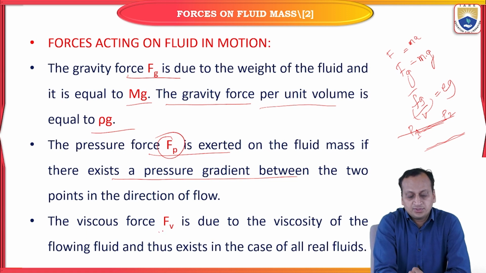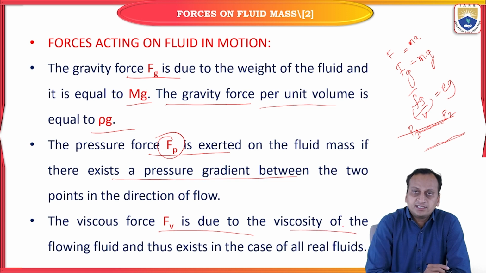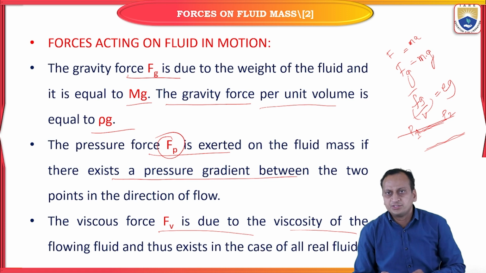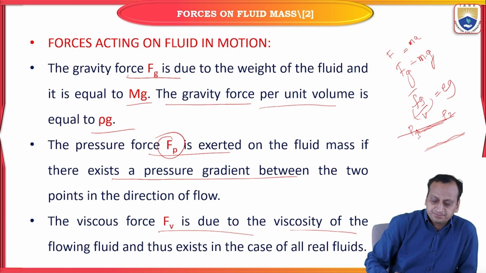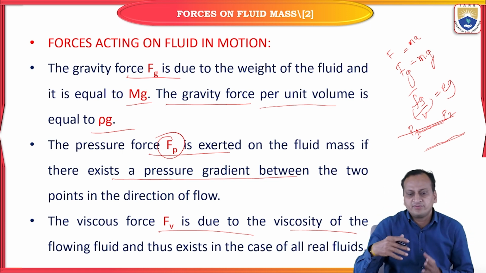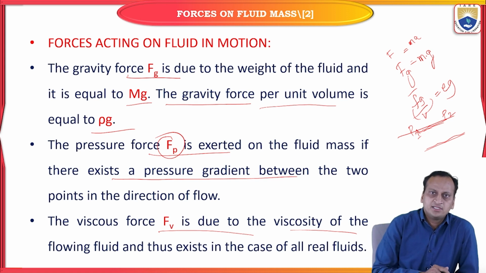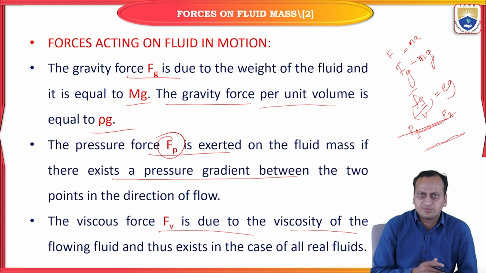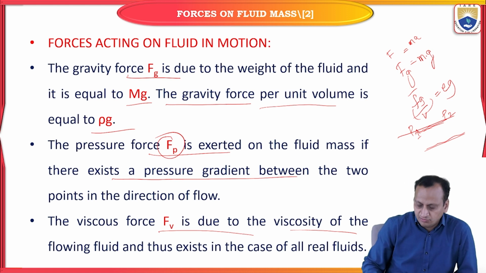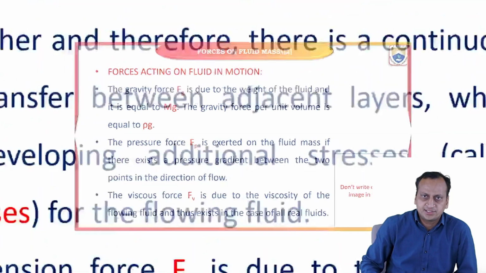The viscous force, F, is due to the viscosity. On account of viscosity, there will be viscous force. Viscous force is basically due to the cohesive property, the attraction between the fluid particles and between the fluid layers, and these viscous forces are called shear forces or tangential forces. This is generated on account of viscosity.